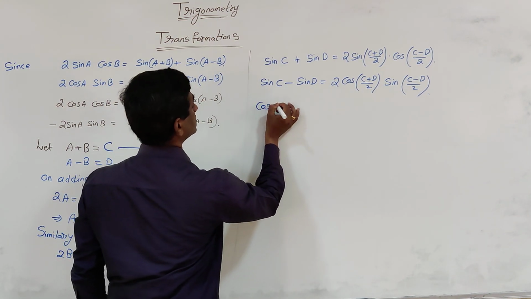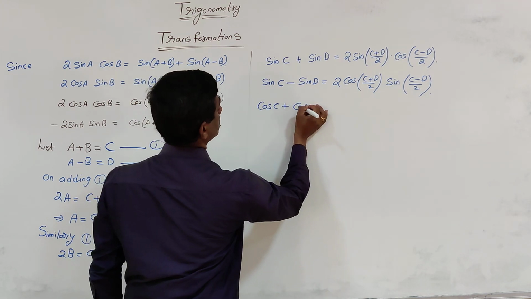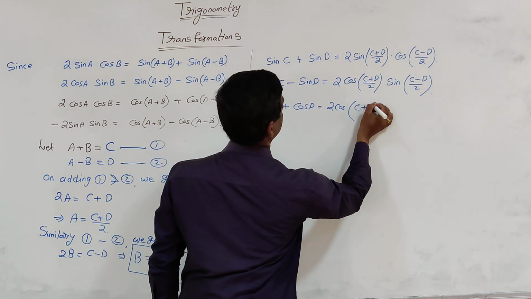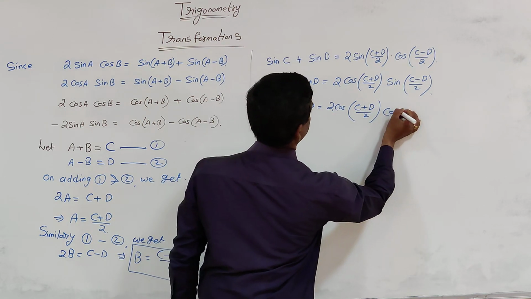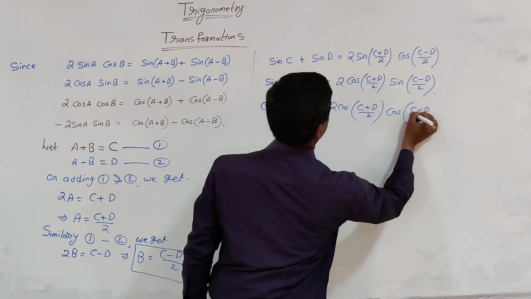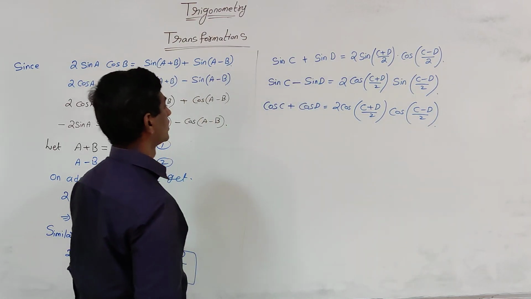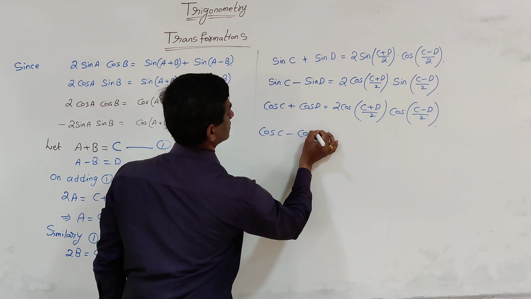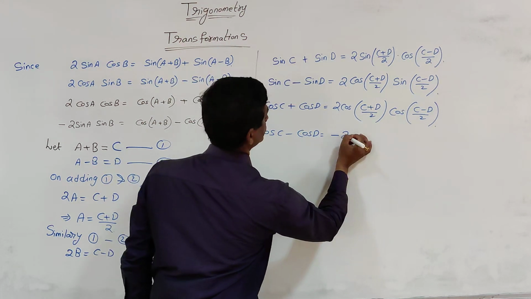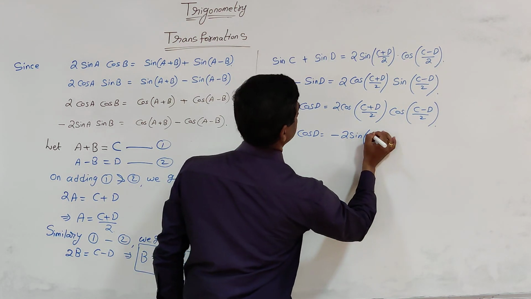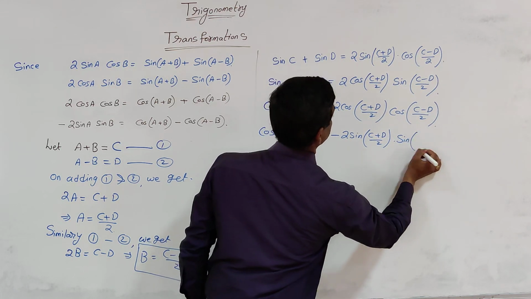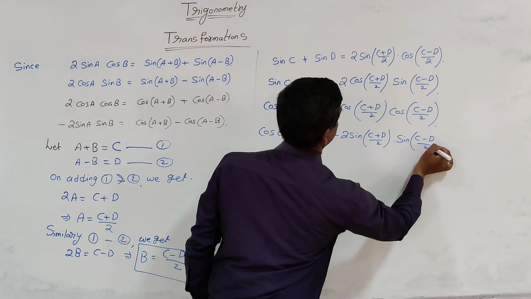Similarly, cos C plus cos D will be 2 cos C plus D by 2 cos C minus D by 2. And cos C minus cos D will be minus 2 sin C plus D by 2 into sin of C minus D by 2.